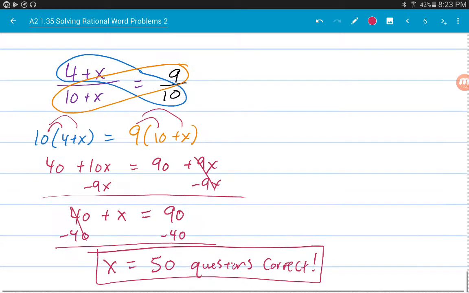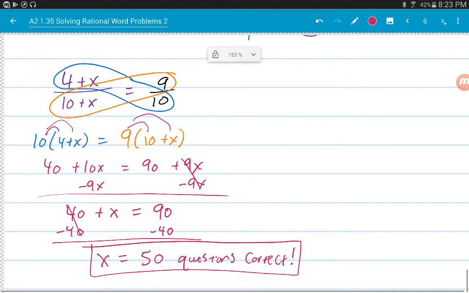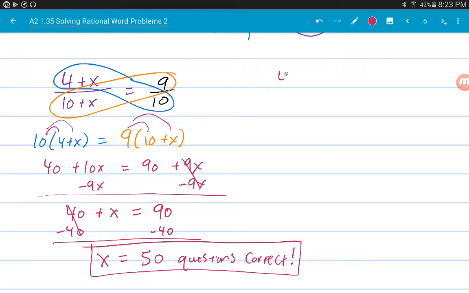Questions correct in order to have 90%. And let's think about that. How many did he start with? 4. He had 4 correct over 10 total. Plus 50 questions correct, and that means plus 50 questions total.